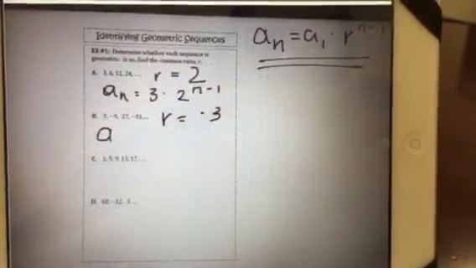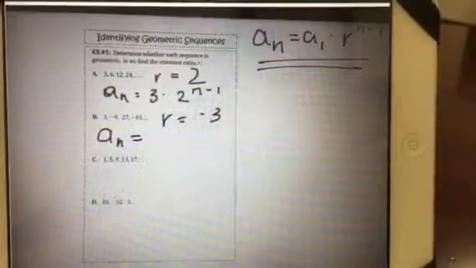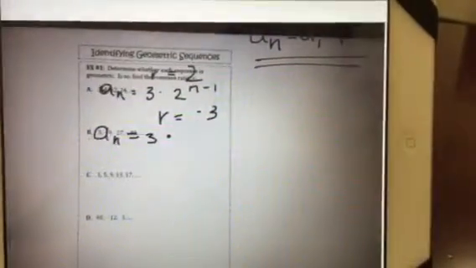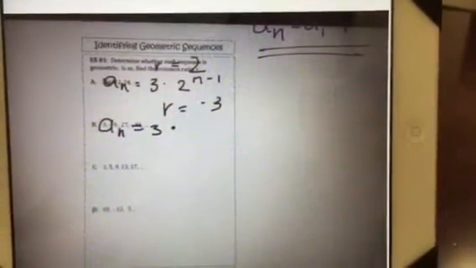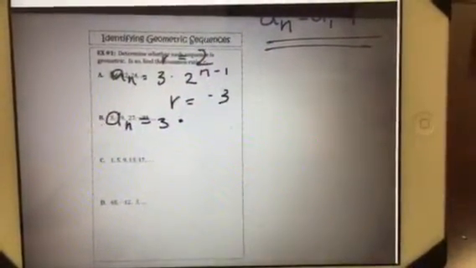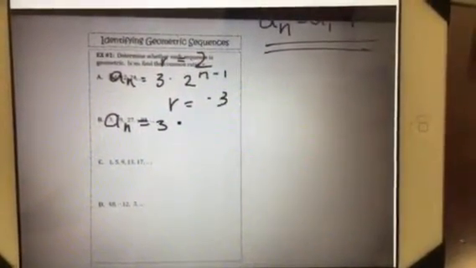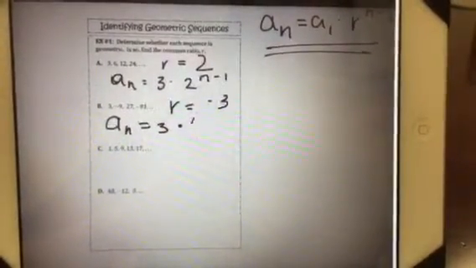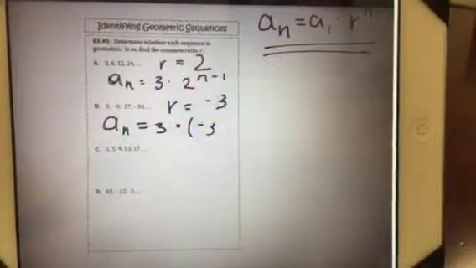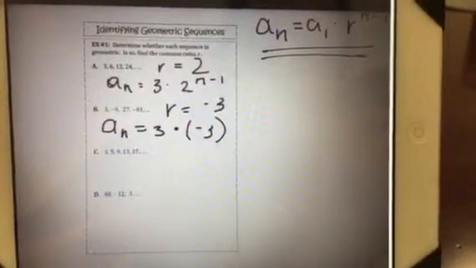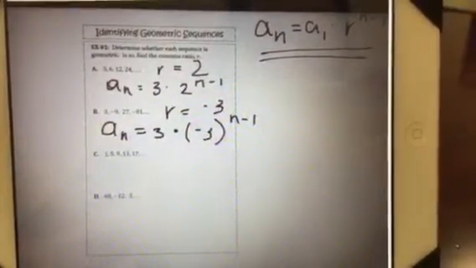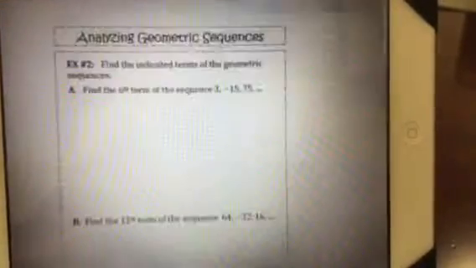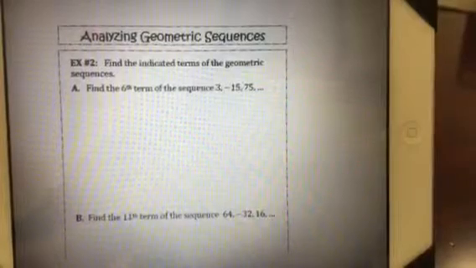So our formula here is a_n equals 3, which is our first term, times the common ratio, which we'll put in parentheses to not lose that negative, negative 3 to the n minus 1. Try parts C and D on your own. Hopefully those two weren't too bad.